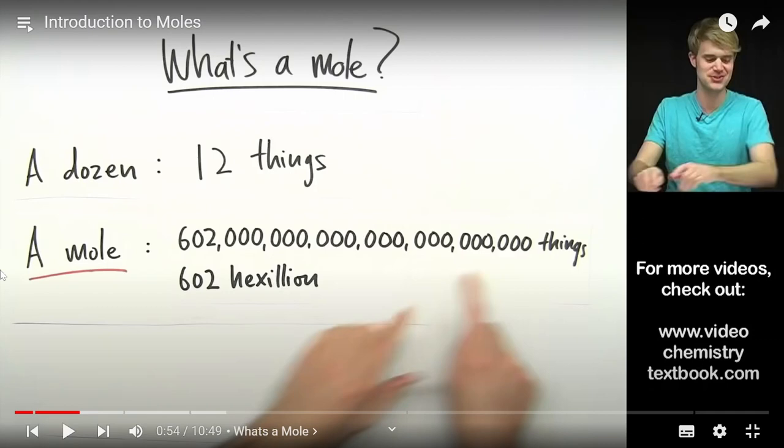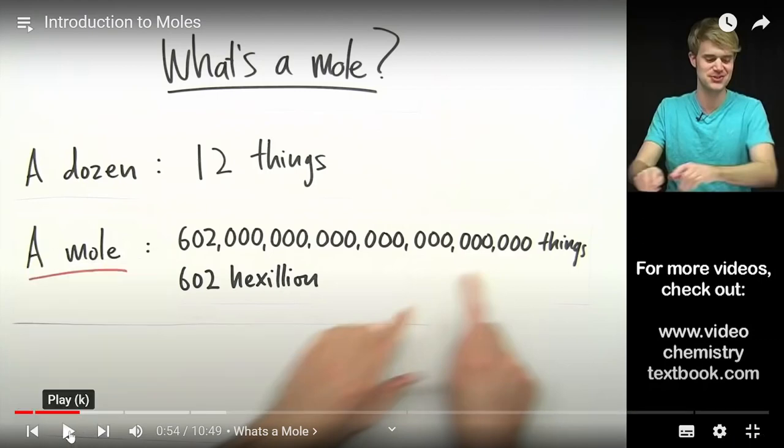We're going to be doing unit conversions, scientific notation, and sig figs. The only thing to wrap your head around is that a mole stands for a number, just like a dozen stands for a number. A dozen is 12, but a mole is 602 hexillion. This really big, awkward number.